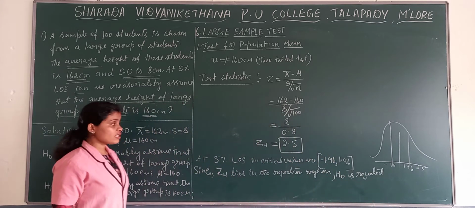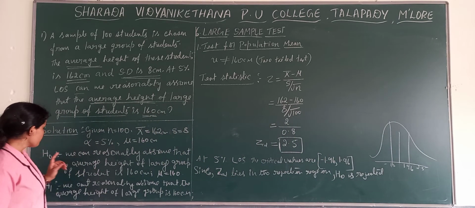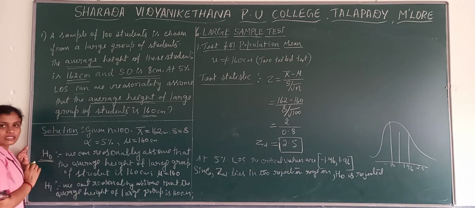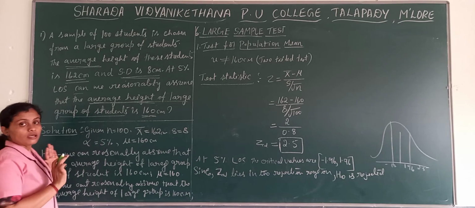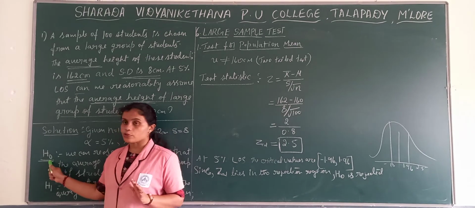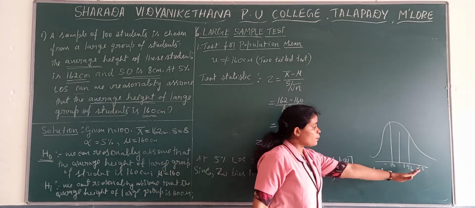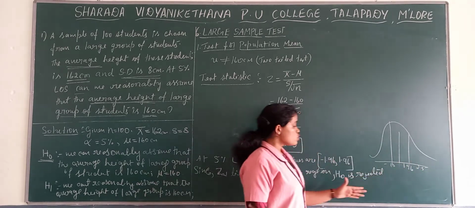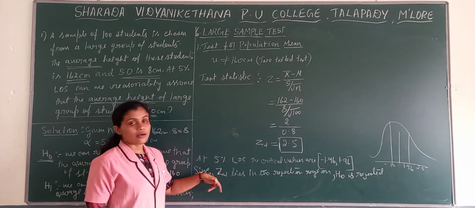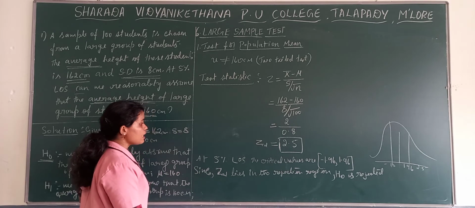This test is conducted for the purpose of checking whether we accept the null hypothesis or reject it. Here it falls beyond the acceptance region. So what? We reject the null hypothesis.